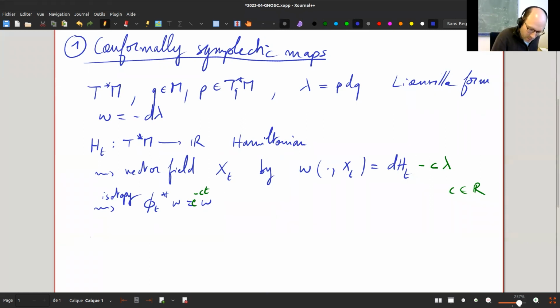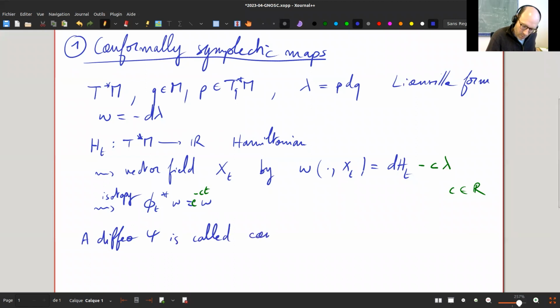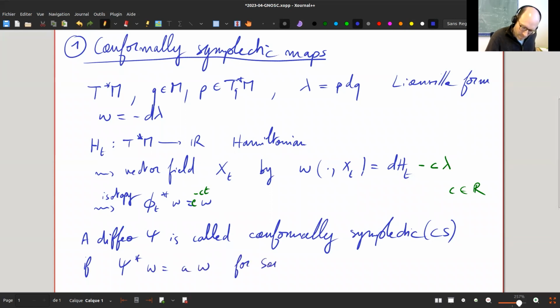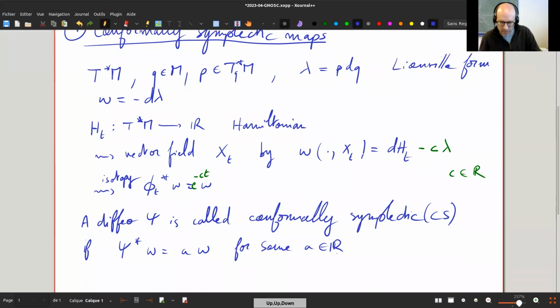So let me define. We take a diffeomorphism psi, and we say that it is conformally symplectic, which I will write CS, if psi star omega is A times omega for some A. Of course, if A is 1, we are in the symplectic case.